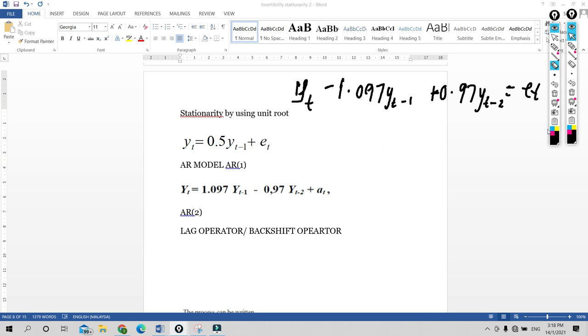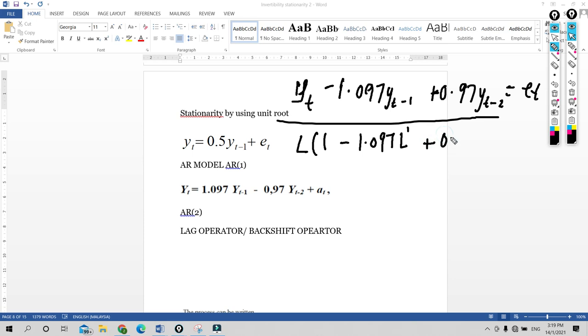It becomes: y_t (1 minus 1.097 L raised to 1 plus 0.97 L raised to 2) equal to epsilon t. We convert this equation in terms of the lag operator.